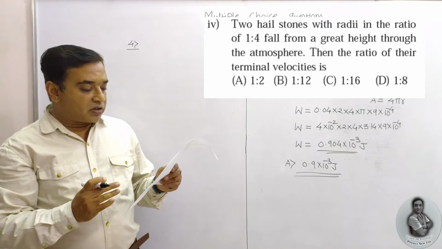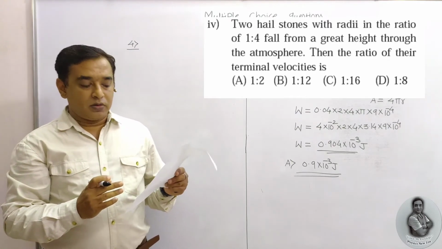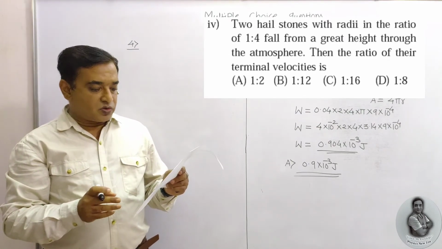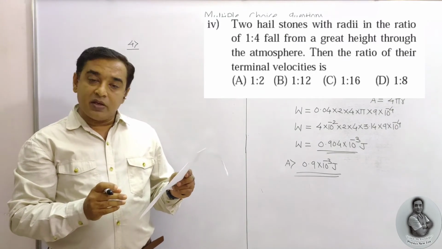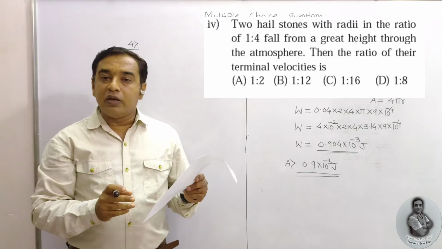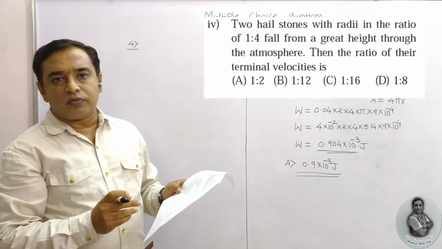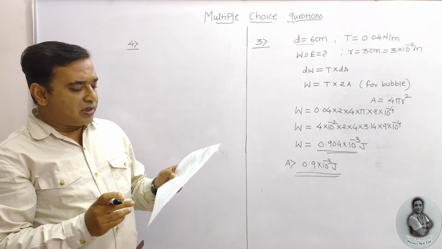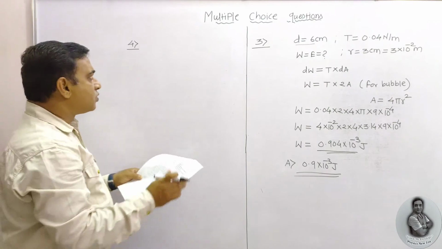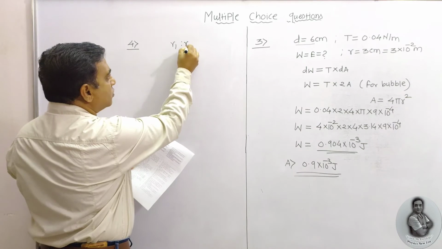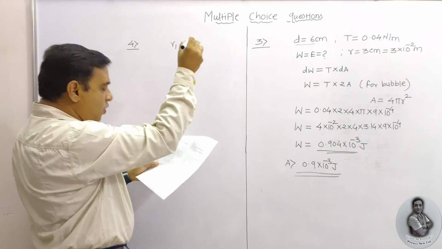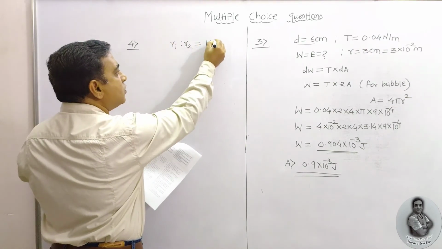Then the ratio of their terminal velocity is A 1:2, B 1:12, C 1:16, and D 1:8. So we need to get that. Initially, the radii are in the ratio, means R1 to R2 is equal to 1:4.